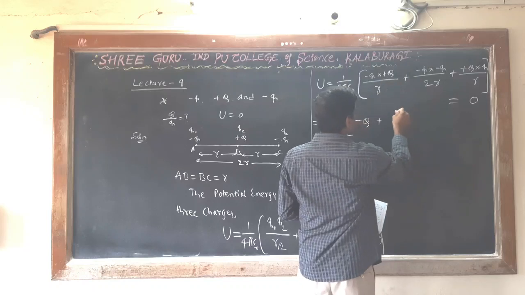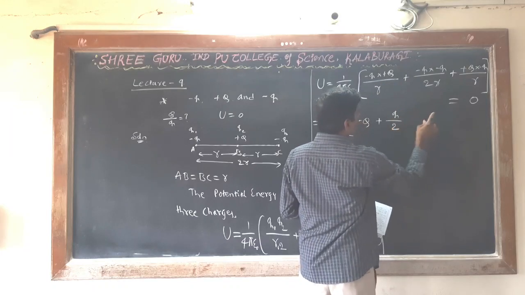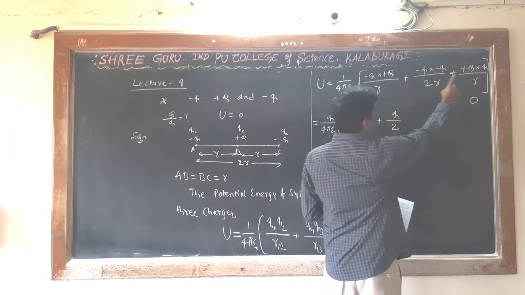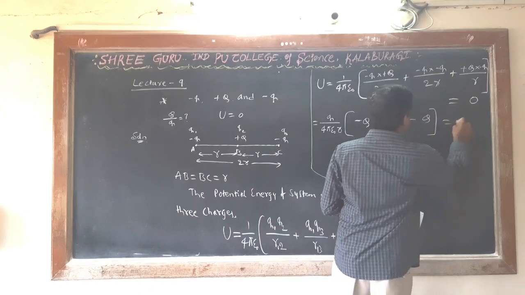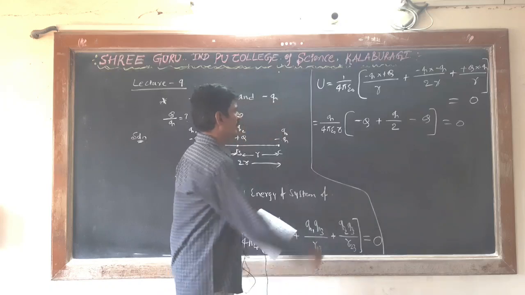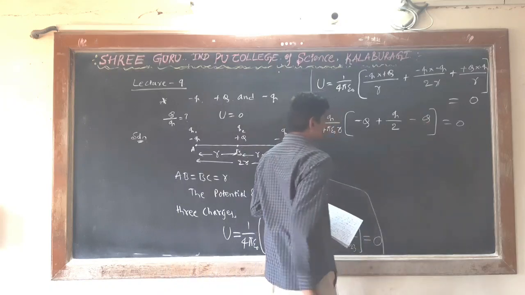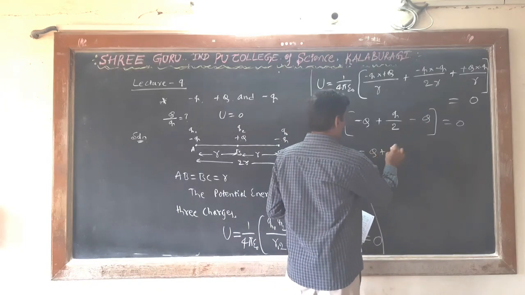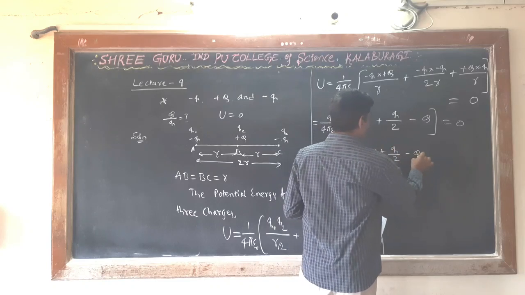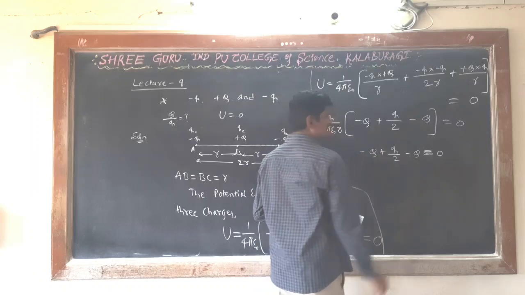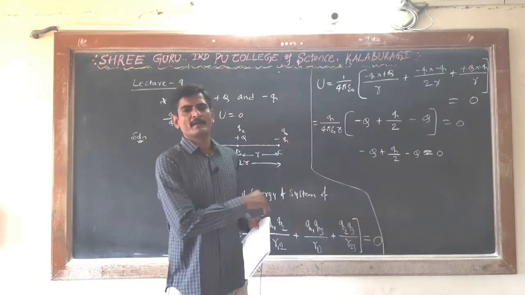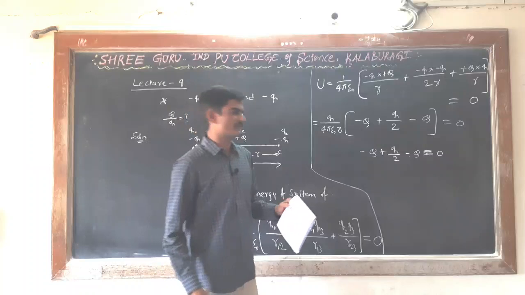So taking q common, q divided by 2, and there plus into minus capital Q, is equal to 0, right? So now take this entire thing to that side. So therefore you will get minus Q plus q by 2 minus Q is equal to 0, and minus 2Q, send that side, it will become plus 2Q.